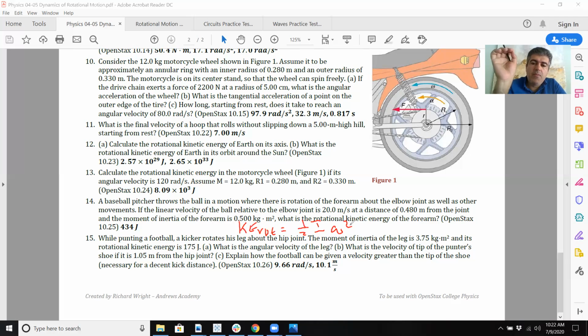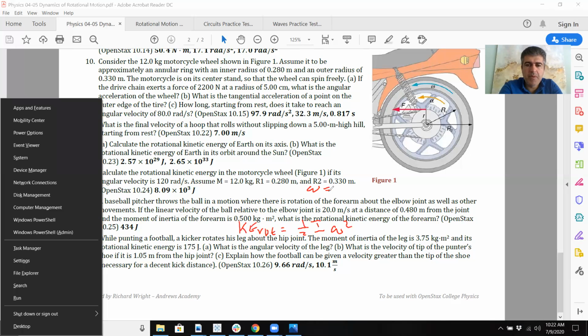For the angular velocity, remember, I always get this mixed up. It's going to be V equals omega times R.